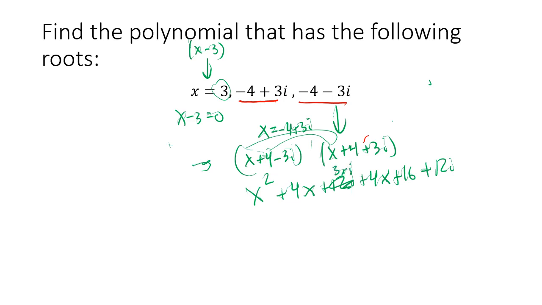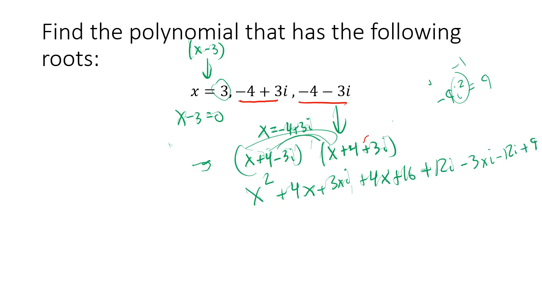Then we have negative 3i times x, so negative 3xi, and then negative 3i times 4 is negative 12i, and then negative 3i times positive 3i is negative 9i squared, which is equal to, because i squared is negative 1, 9, so plus 9.